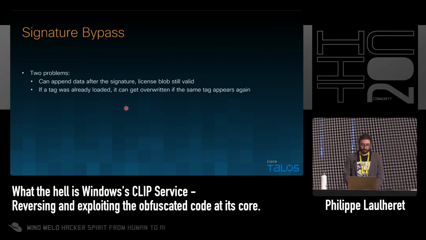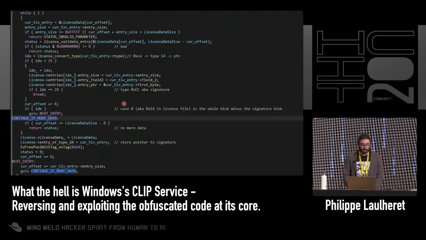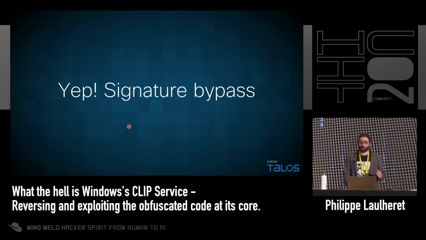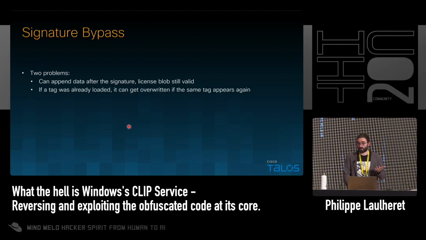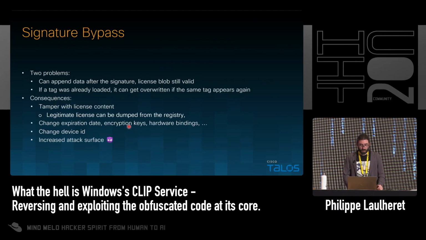And on top of that, if we look back at the stuff here, the way it works is it takes an index and then saves it in this array. So if you have the same tag multiple times, it's going to overwrite a previous entry in that buffer. So we can also overwrite legitimate entries of your license file by just adding more data at the end. So the consequence of that is that you can tamper with license content.